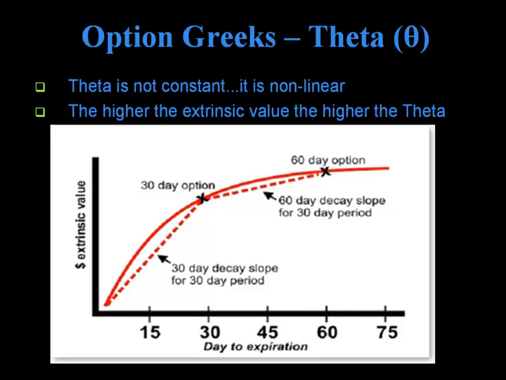If you've got a graph here, and you can see here when you're 75 days out, this line here represents theta decay. This right here is the extrinsic value of the option. Not the intrinsic, but the extrinsic value only. From 75 days to 60 days in, notice it's almost a flat line as far as option theta decay.